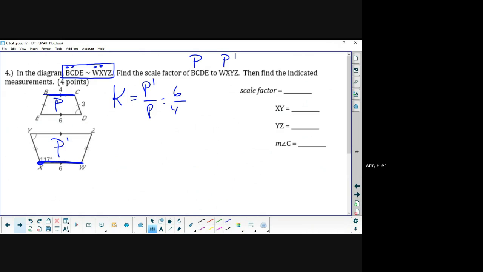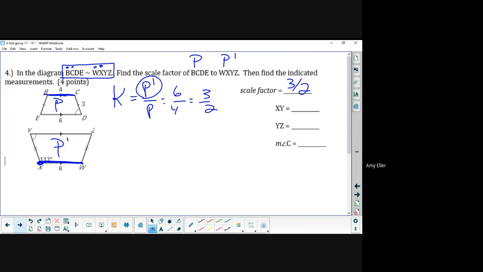That's how I know for sure. Did I have to put the 6 on top? Yes, I had to put the prime figure on the top. Simplify that, I get 3/2. I did accept the answer of 1.5, which is 3/2. So a formula you'll have to know for your test: scale factor, P prime over P.